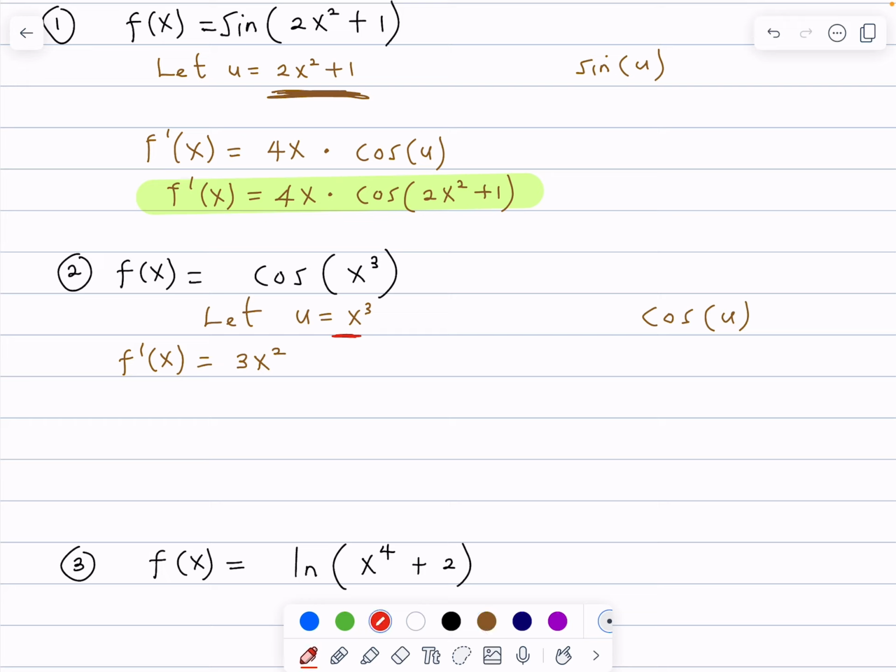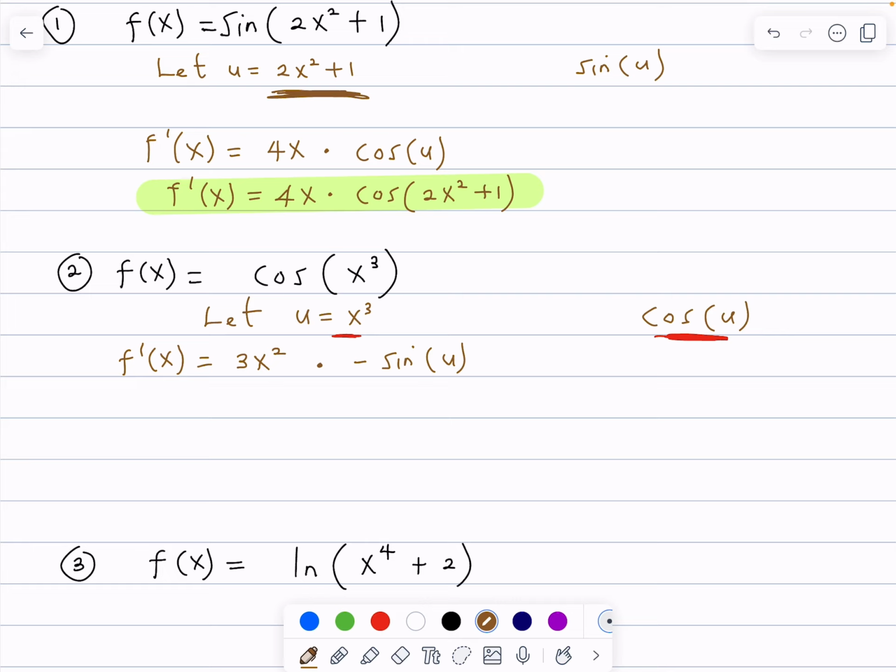And the derivative of cos u is negative sine u. But in my original question, there is no u there. So what is u? u is x cubed.